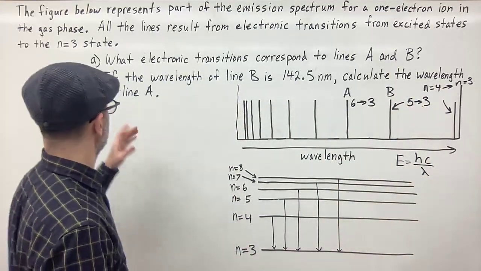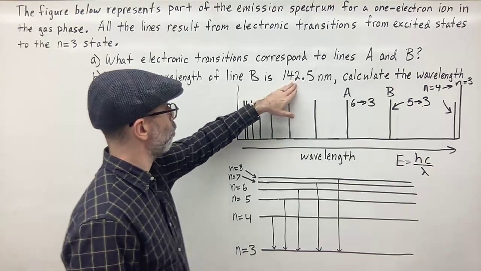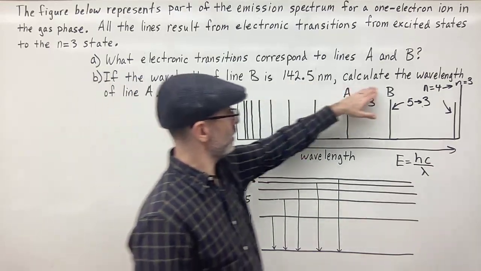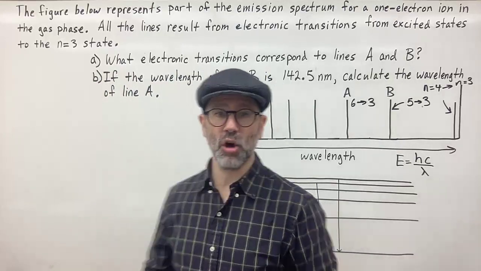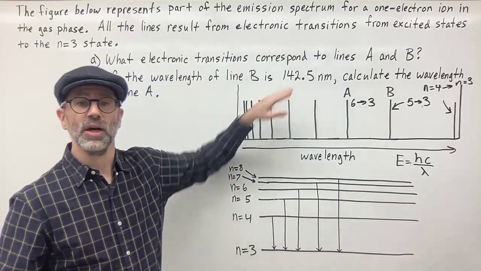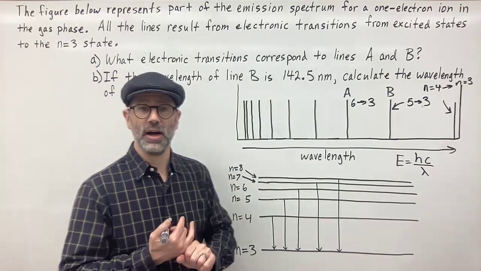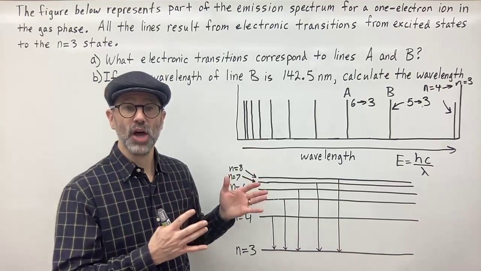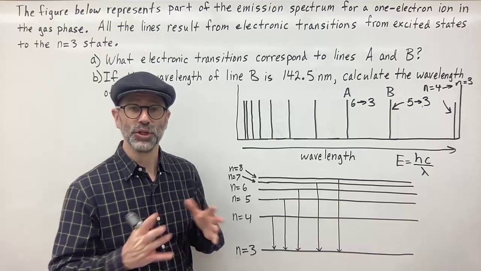What about part B? If the wavelength of line B is 142.5 nanometers, calculate the wavelength of line A. They're giving us the wavelength of line B, so we can use the Rydberg equation to solve for Z, the effective nuclear charge.